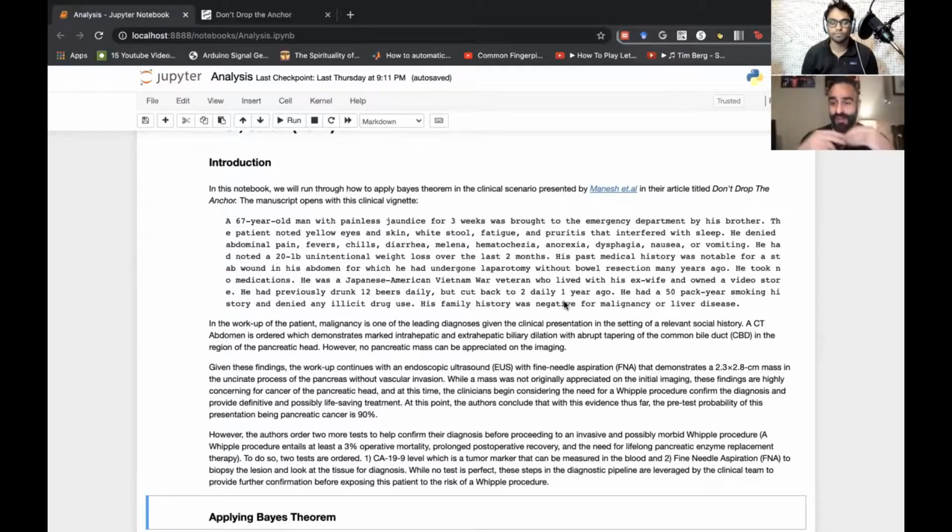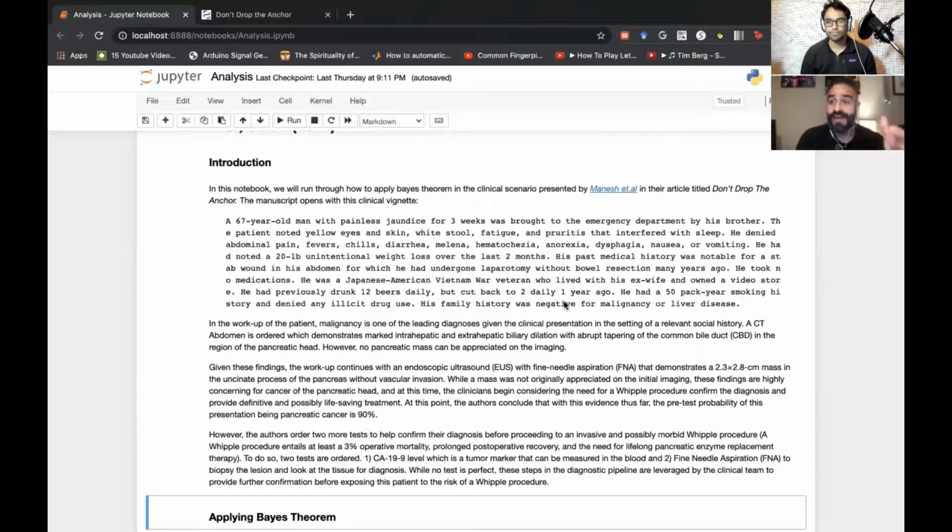Dr. Manesh walks through this scenario with Bayes' theorem, and they show, very interestingly, that what began as someone with high suspicion of pancreatic cancer, when you apply Bayes' theorem on these tests, really shifts your posterior probability, or your post-test probability, of whether that patient has cancer.